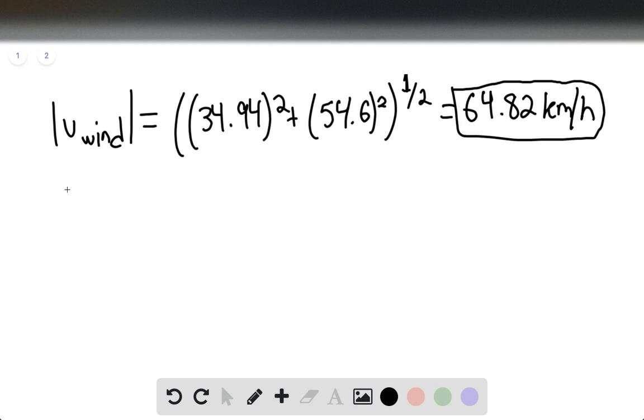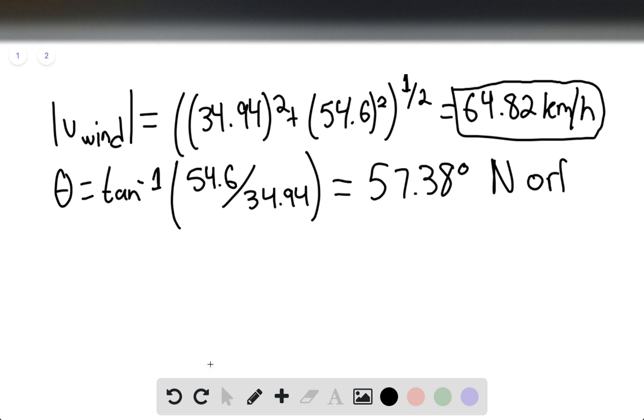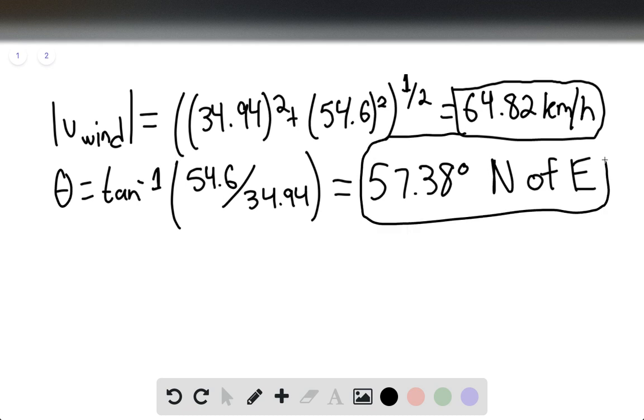And then the direction of the wind speed would be equal to arctan of 54.6 divided by 34.94, and this would equal 57.38 degrees, and the direction would be north of east. So this would be the magnitude of the wind speed, and this would be the direction of the wind speed. That is the end of the solution.